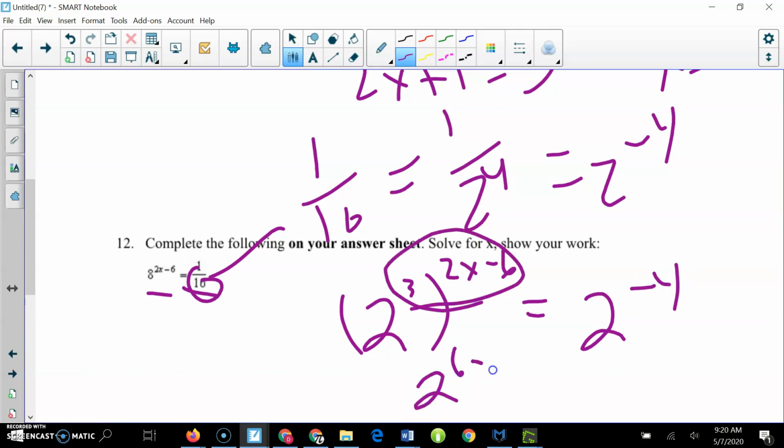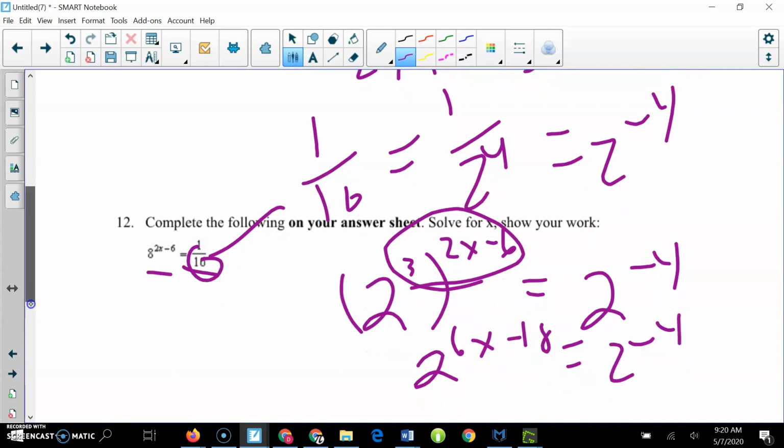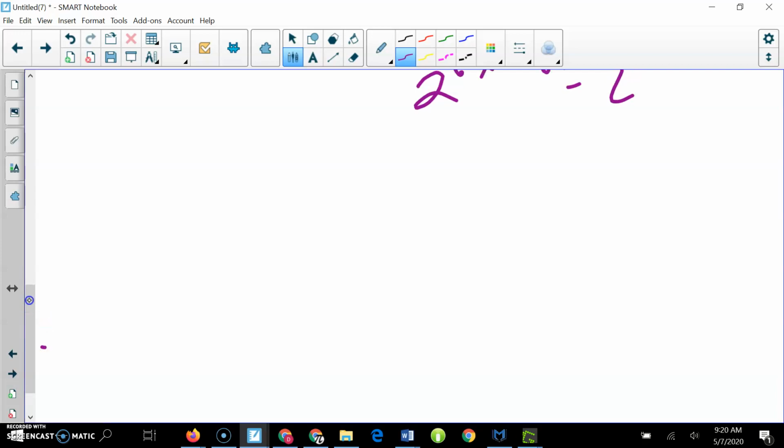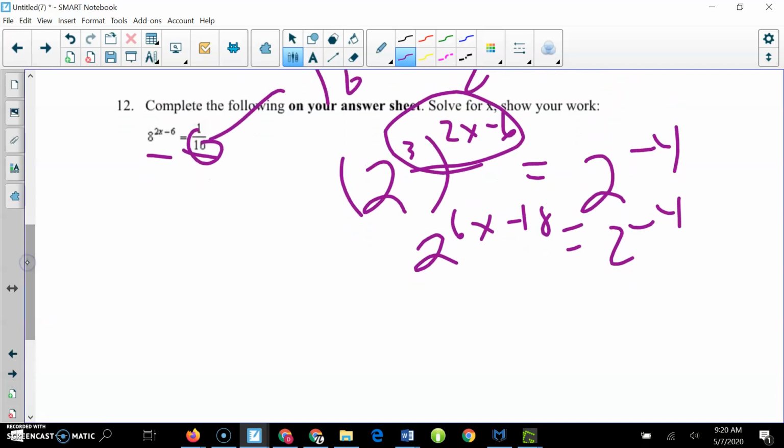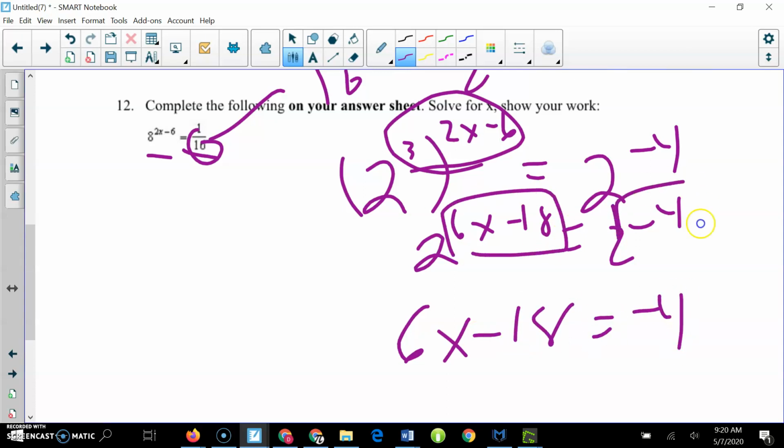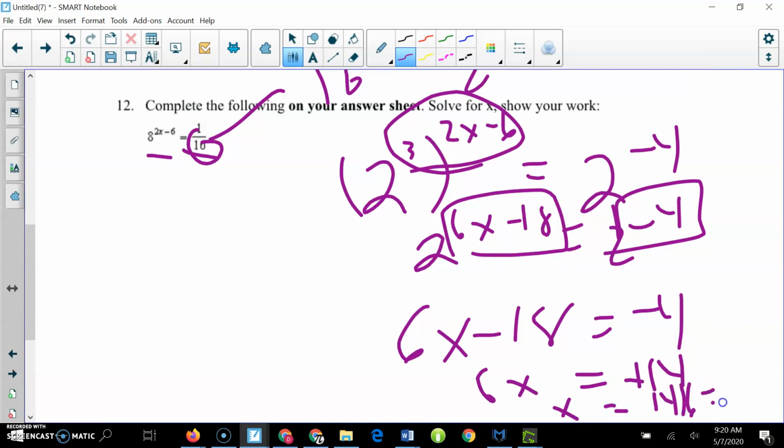You're going to multiply and then set 6x minus 18 equal to minus 4. So now I'm making the exponents equal. This guy is equal to this guy. And 6x, bring that 18 over. That's going to be plus 18, so that'll be plus 14. And we're left with 14 over 6, which is 7/3, which is hideous.